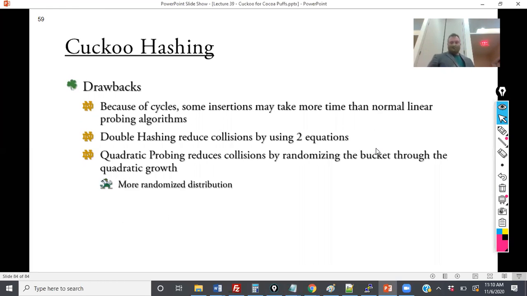And last thing I want to discuss, some of the drawbacks. So because of the cycles, some insertions may take more time than a normal linear probing algorithm. Double hashing reduces collisions by using 2 equations, and quadratic probing reduces collisions by randomizing the bucket through quadratic growth.